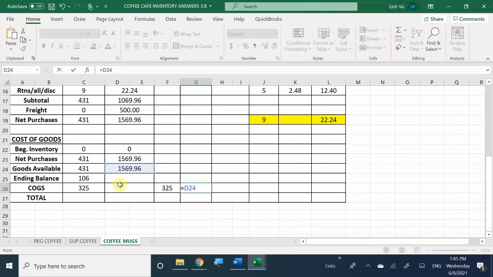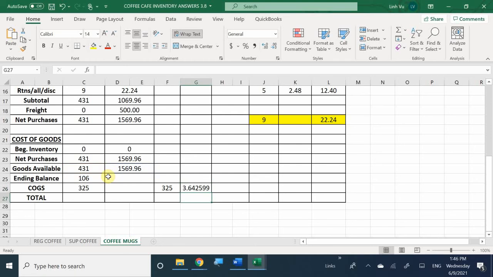Not the 325. Not the 106. Oh, the 431. Because that's how many goods I have available. That's exactly my total cost.